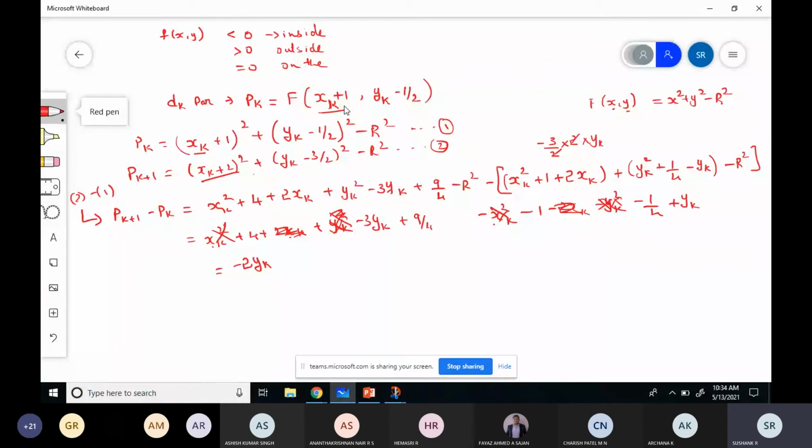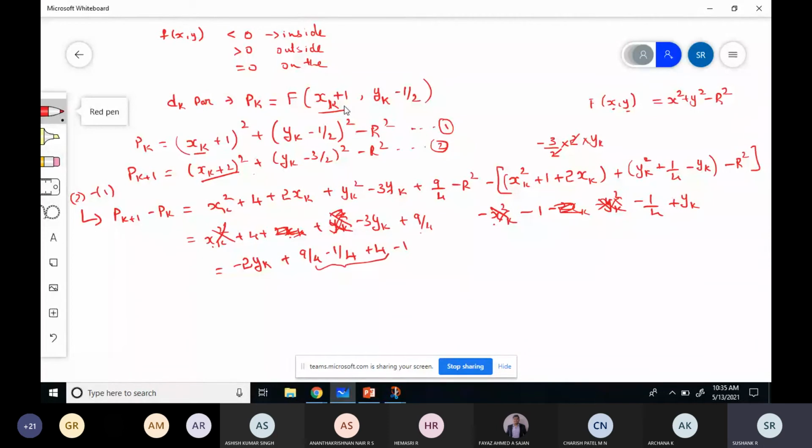So minus 2yk is there. Then 9 by 4 minus 1 by 4 plus 4 minus 1. 9 by 4 minus 1 by 4 will be 8 by 4, and 8 by 4 will be 2. 2 plus 4 will be 6. 6 minus 1 will be 5.